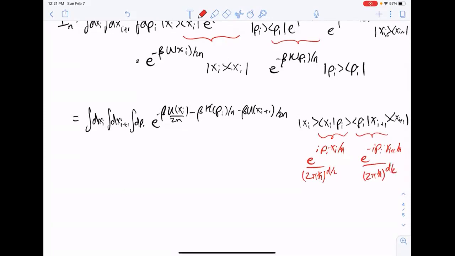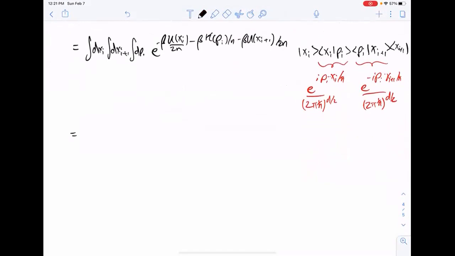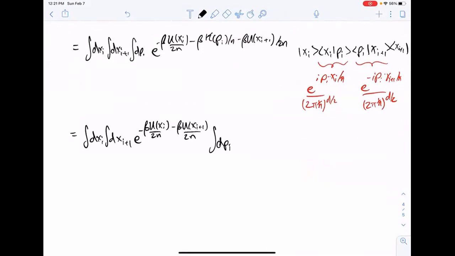So now I actually have a full representation of this little Trotter slice in terms of an evaluation of a potential at a couple real space points, xi and xi plus 1, and a momentum integral.